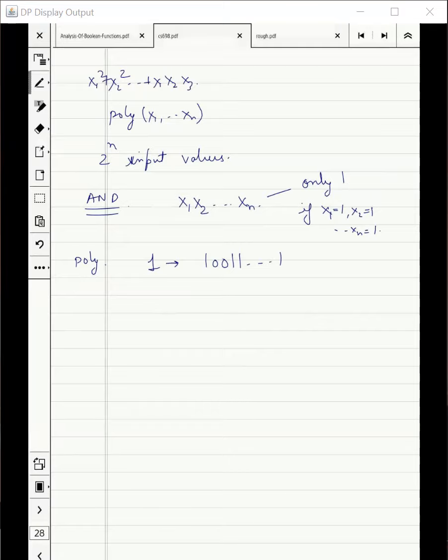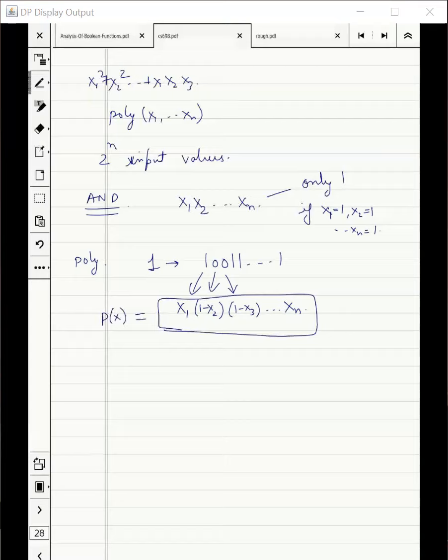So negation means xi goes to 1 minus xi, right? So if it is 1, then I write x1. If it is 0, then I write 1 minus x2, and so on. Sounds good? Does everyone agree that this polynomial p(x) is only non-zero, and it's only 1, at the input 1 0 0 1 1 1 1 1 and nowhere else?